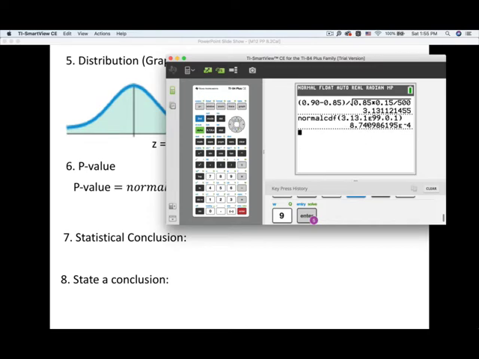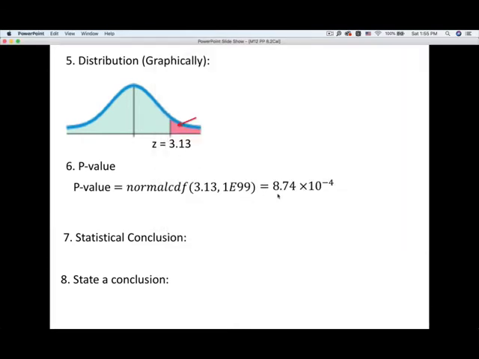Don't just write down the 8.74. At the end here, there's an E negative 4. This is scientific notation, E negative 4. So when you write it down, make sure you put 8.74 times 10 to the power of negative 4 here. And this is a negative, so you're going to move your decimal 4 places to the left.